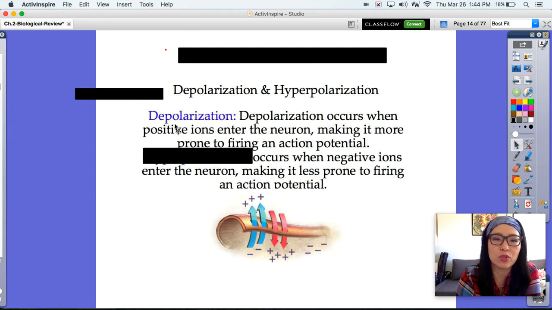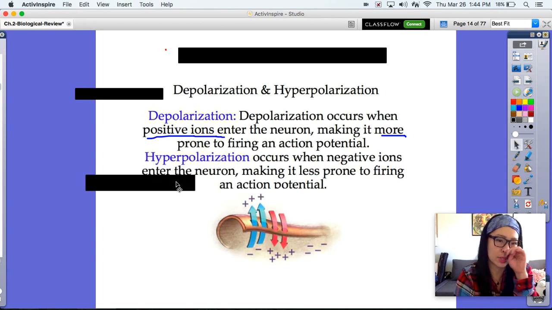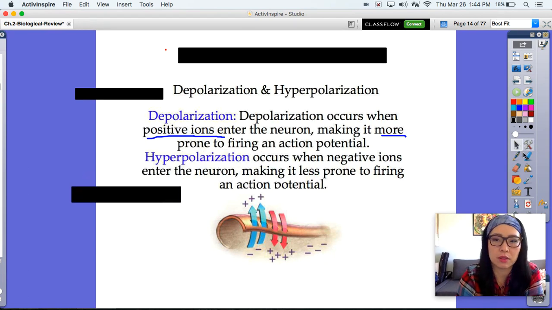So depolarization occurs when positive ions enter the neuron, making it more likely to fire an action potential. Whereas hyperpolarization is when negative ions enter the neuron, making it less likely to fire an action potential.